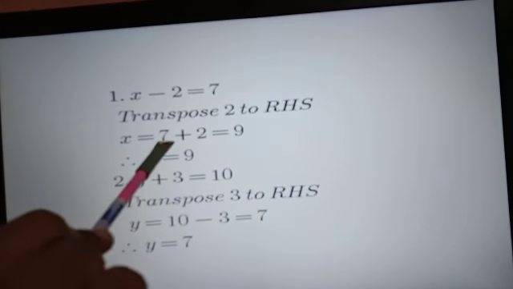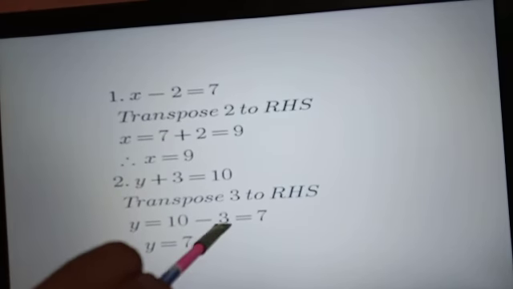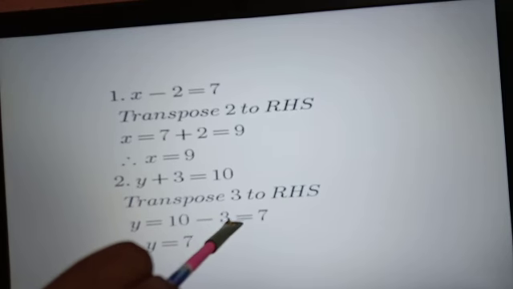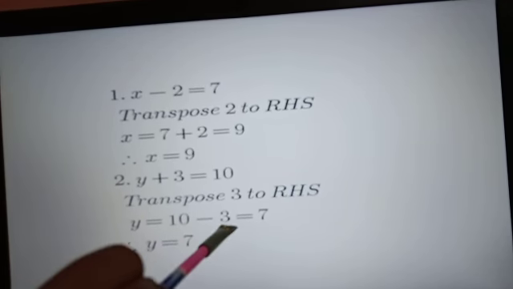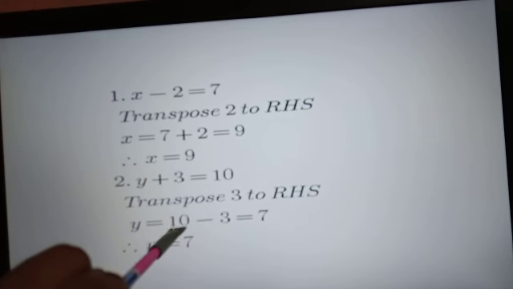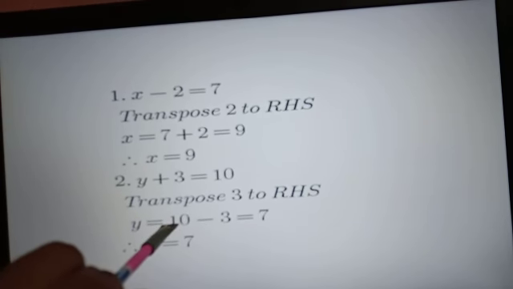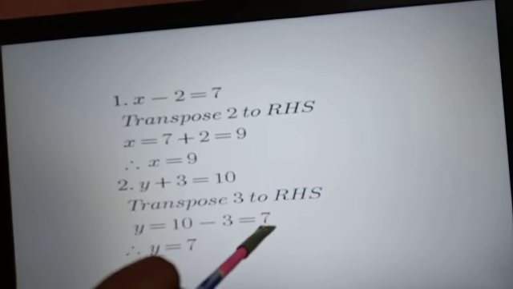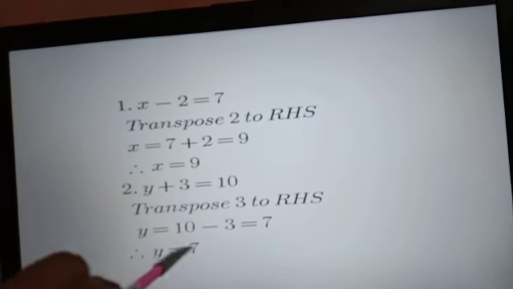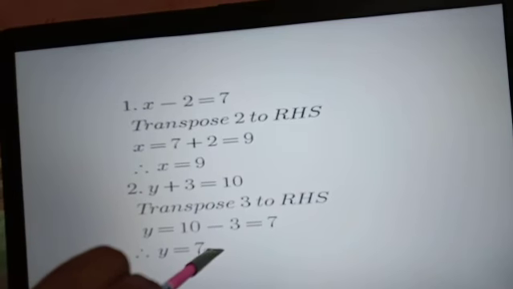Same symbols means we should add. Different symbols means we should subtract. If we subtract 3 from 10, what will we get? 7. After subtracting, we should put the symbol of the greater number. Here 10 has a plus symbol, so after subtracting, for 7 also we should put a plus symbol. So y is equal to 7. I hope you understood.